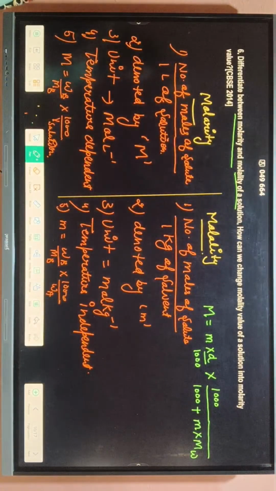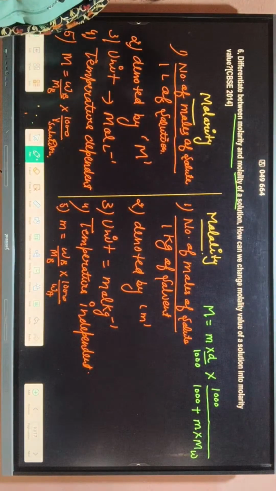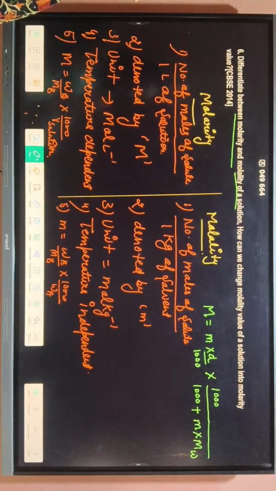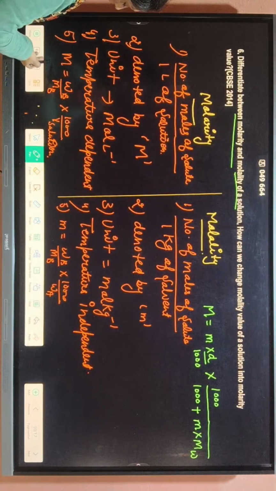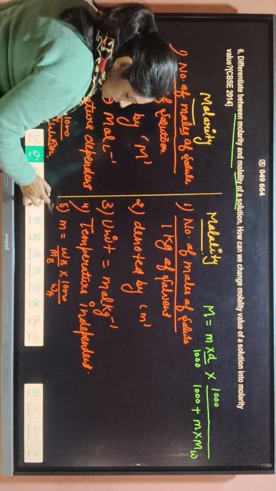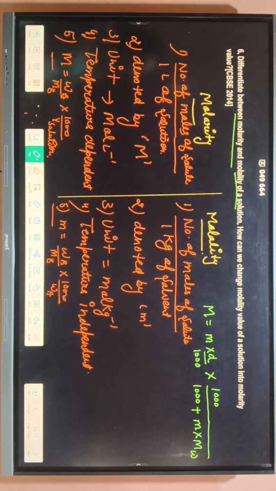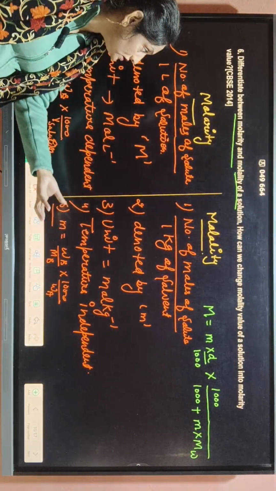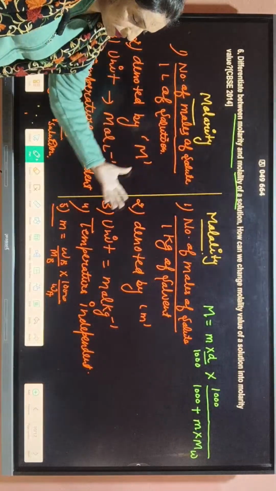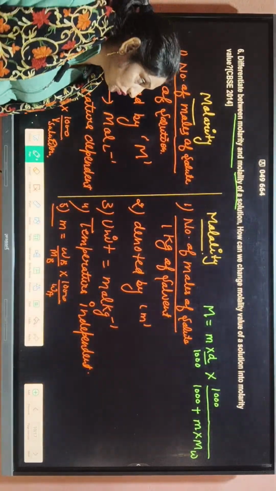In this way you can differentiate between molarity and molality. It is volume based and it is mass based. These points you can write in the difference. I hope this question is clear to all the students.